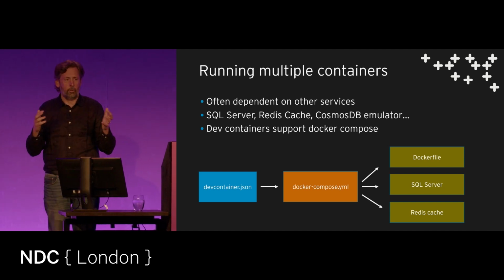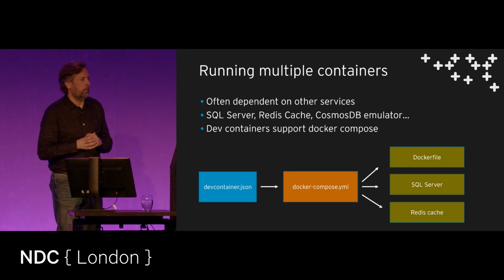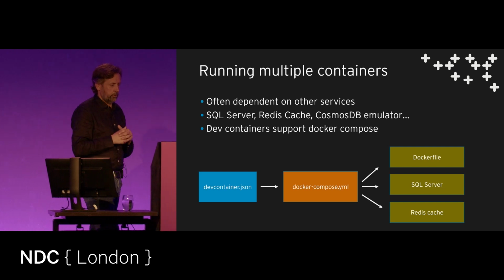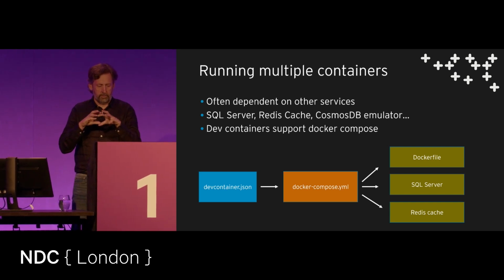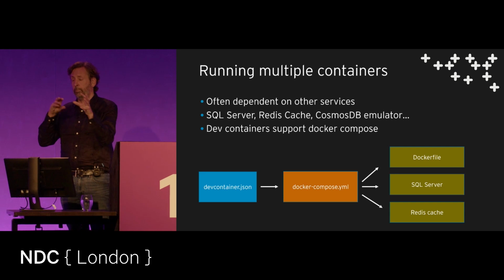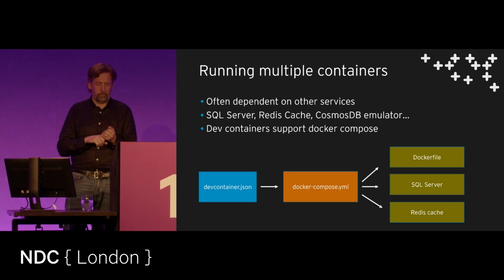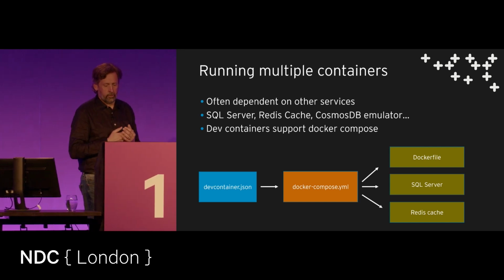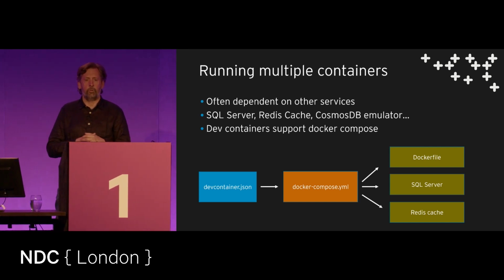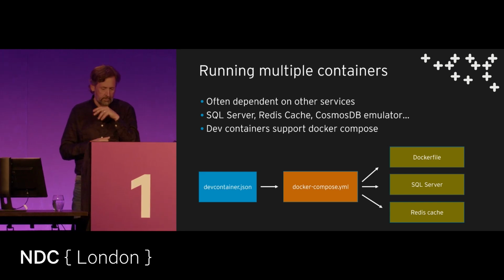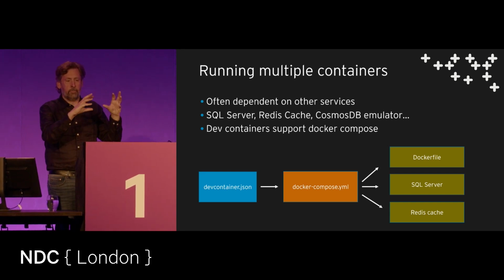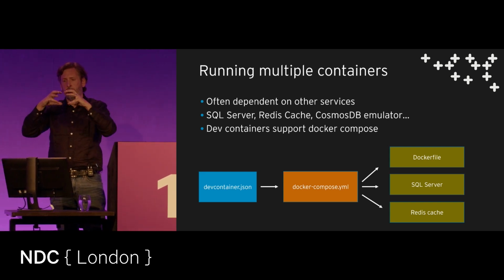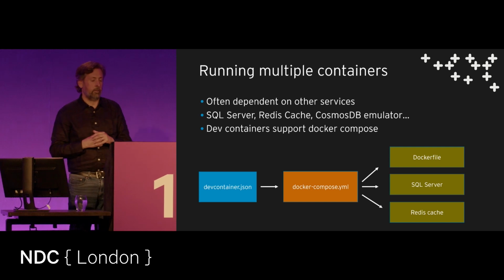And Docker Compose is used for building and running multiple containers. That's why it's a good fit here, because now instead of pointing to the Docker file, we'll be pointing to the Docker Compose file. And that file will specify any kind of dependent services that I also need. For example, a SQL Server or a Redis cache, or whatever you are dependent on. So we still have a Docker file for the actual development environment. In this case, the web application and the API will be running inside a container. But then a SQL Server container will be running next to it.